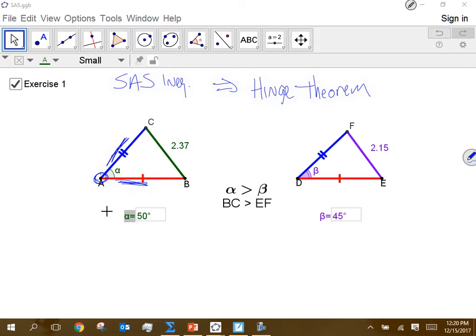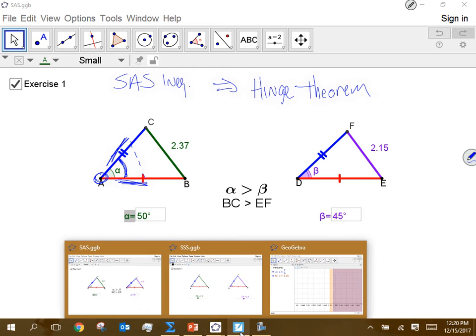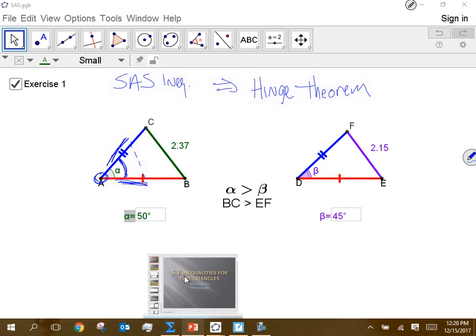That's what allows it to open up and close. The larger the gap between the sides of the hinge, so the larger that angle, the larger that span, the bigger that distance is. That distance starts to close and shorten when the angle gets smaller. You can think about it like the hinge of scissors.